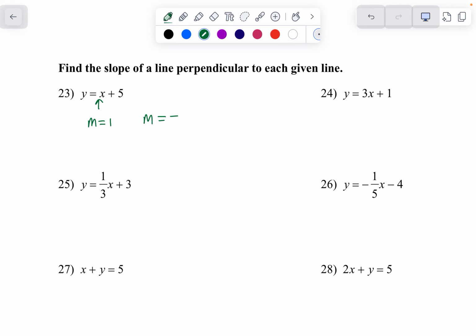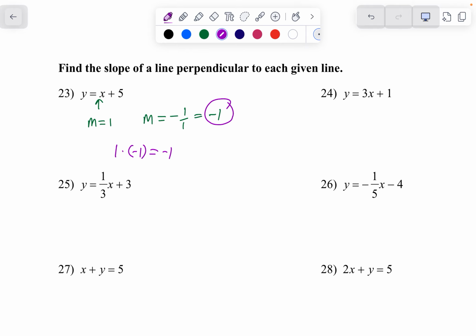Well, what is 1 over 1? Yeah, it's still 1. So in this case, it would be -1. And so you can check your work. The multiplication of the two things should give us -1. So the slope we're looking for there has to be the opposite sign and the reciprocal, or the flip, of it.